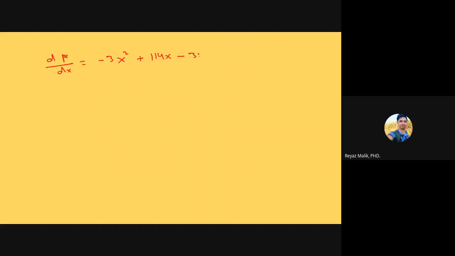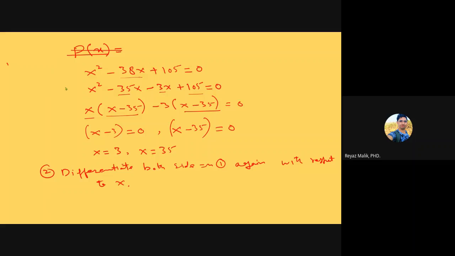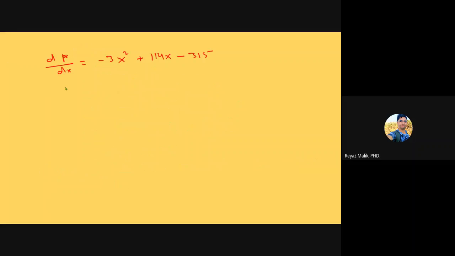Correct. So this is our first differentiation. What we said is to differentiate both sides again with respect to x. So what will we get? That is written like this: d2p by dx square. This is the symbol for double differentiation.